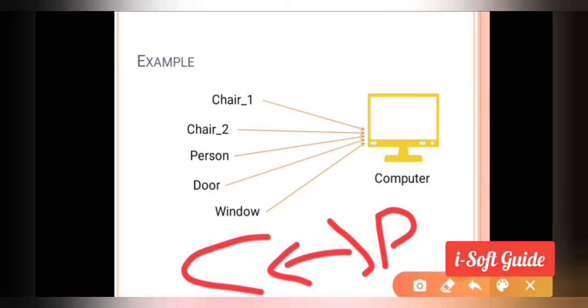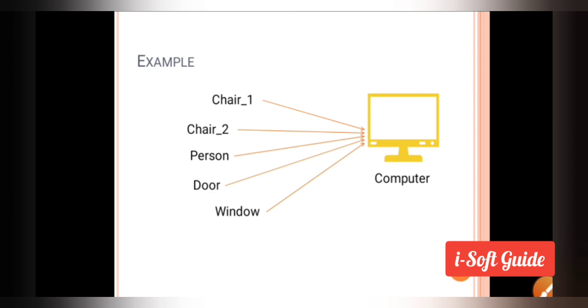So class person will have attributes and methods. So the method is for class person. We will not consider attributes here, how this is related to chair. So person can move the chair and here chair can be moved by the person. Similarly we can show the relationship between person and door and person and window, and hence we can input this room to the computer.